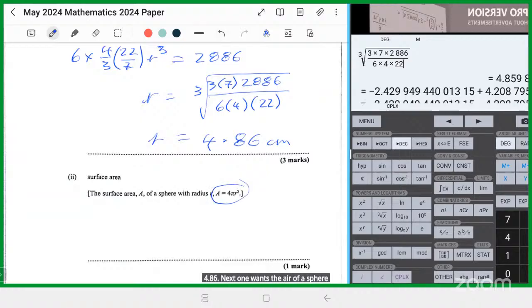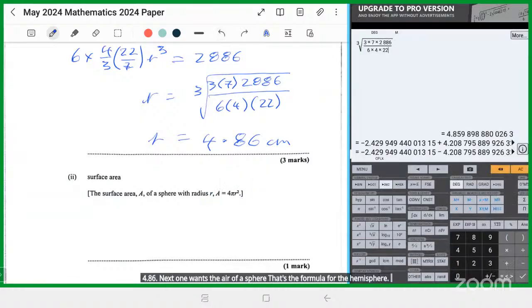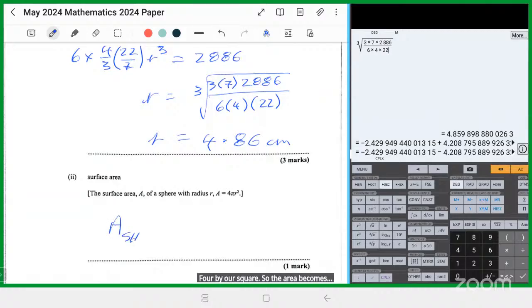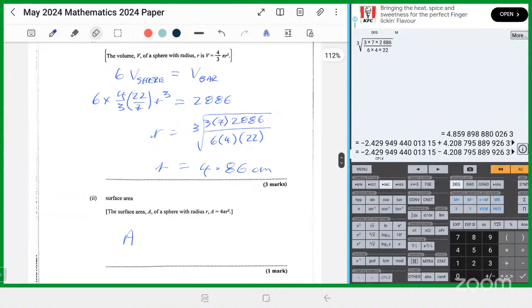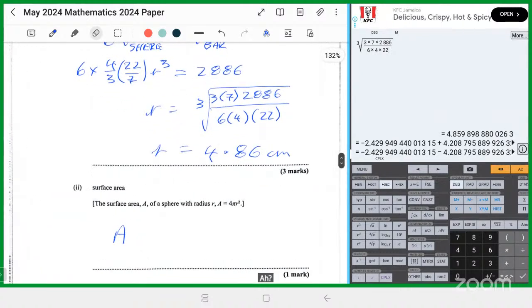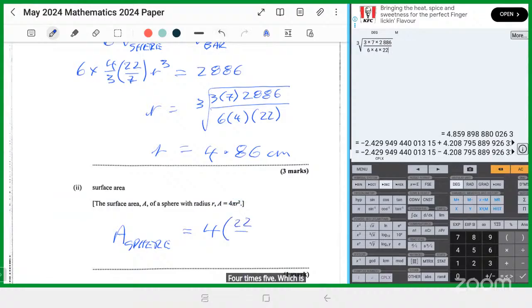Next one wants the area of a sphere. That's the formula for the area of a sphere: 4 pi r squared. So the area becomes 4 times pi, which is 22 over 7, times this radius squared, times 4.86 squared.